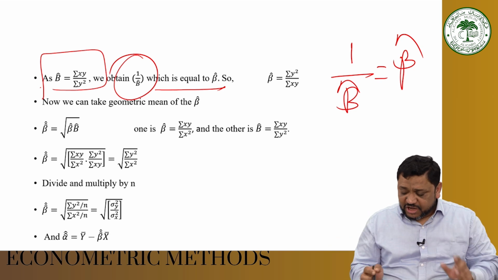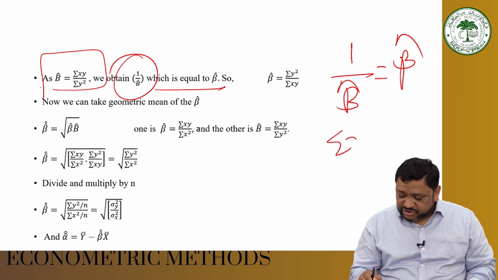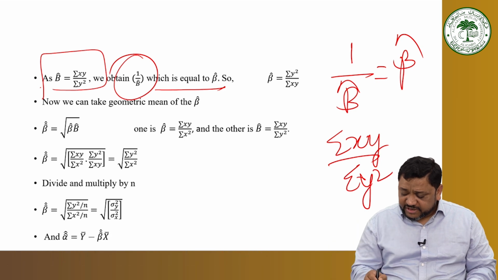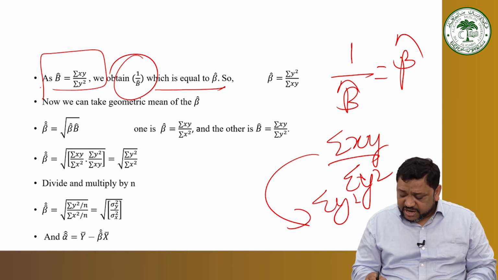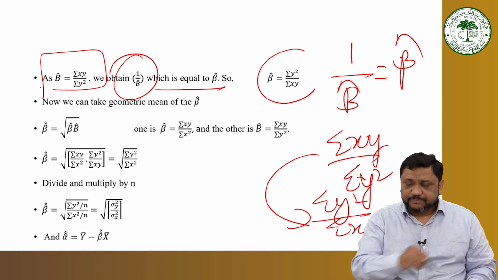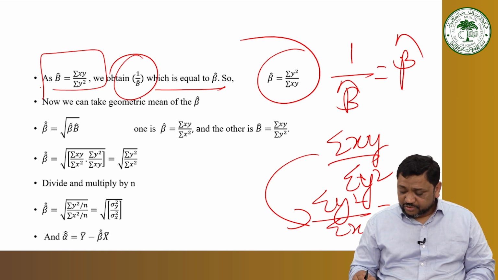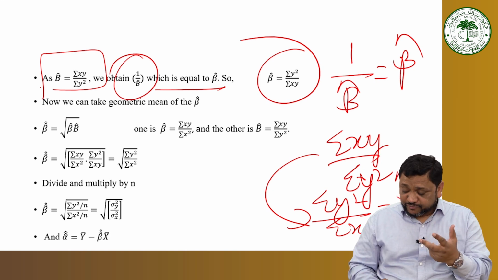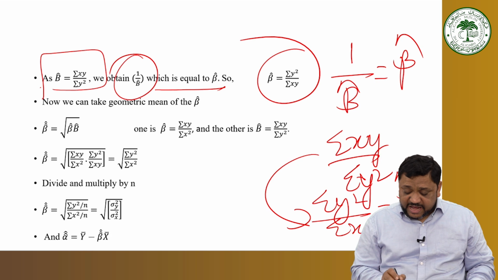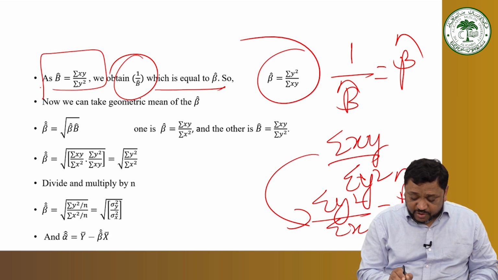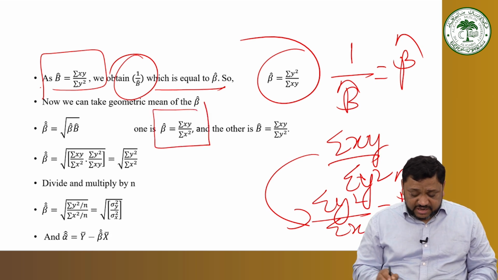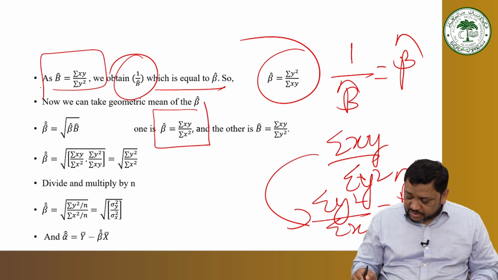So what was earlier summation xy divided by summation y square, when we invert it, becomes summation y square divided by summation xy. This is equal to beta hat. So now we have two formulas of beta hat. One is this, and the other one is this.